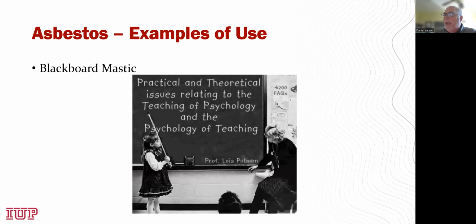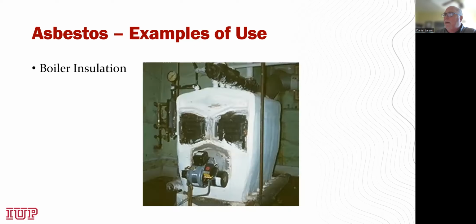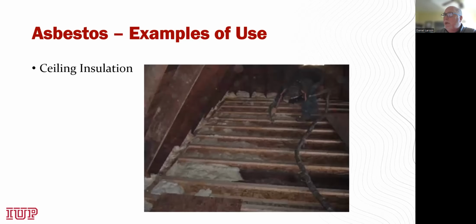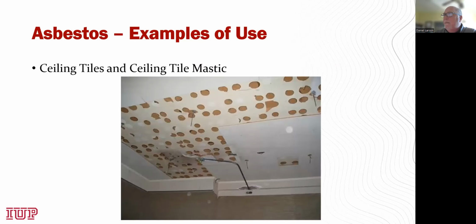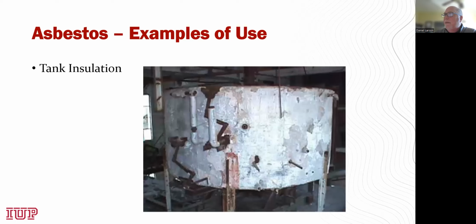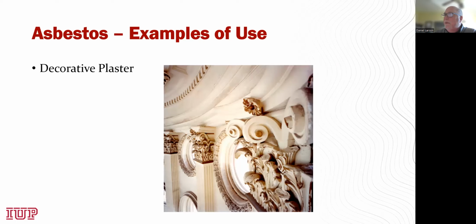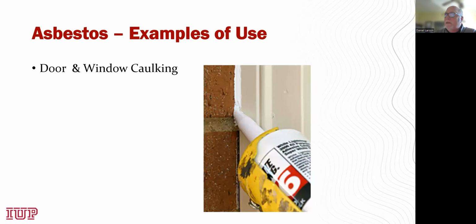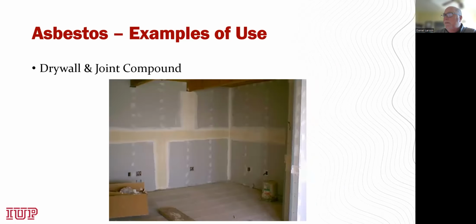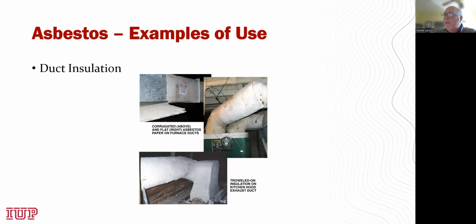There's blackboard mastic, boiler insulation, brake shoes, ceiling insulation, ceiling tiles and ceiling tile mastic, tank insulation from tanks. Decorative plaster sometimes contains asbestos. Caulking that goes around doors or windows could contain asbestos. Drywall and joint compound could contain asbestos.